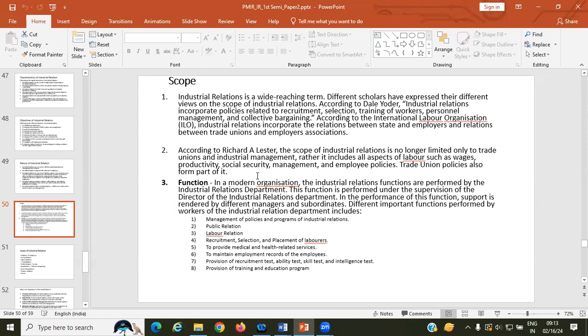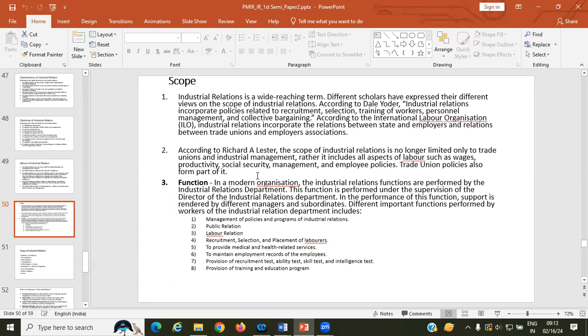Recruitment includes total HR management, interviewing, test, and their skills. And that will extend to training, their skill development, their career development.